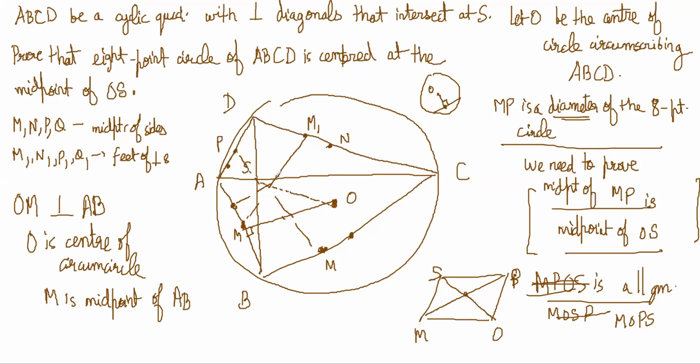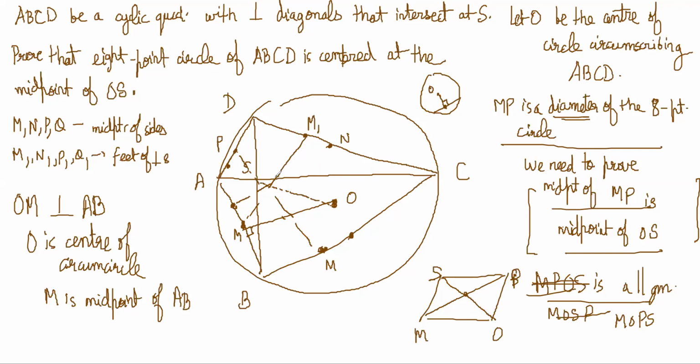That MS is perpendicular to CD. In the previous example, ABCD is a cyclic quadrilateral with perpendicular diagonals that intersect at S. If you take the midpoint of one of the sides and pass a line through S, it is perpendicular to the opposite side.